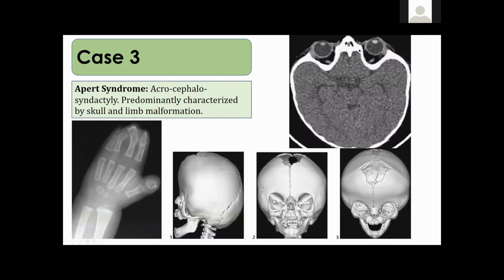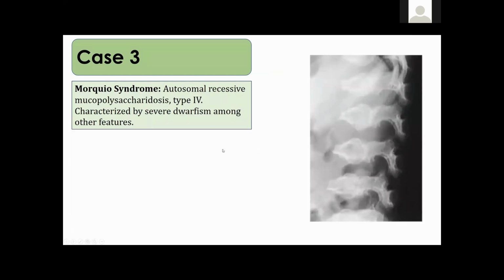Apert syndrome, in which there is craniosynostosis, in which the coronal suture closes early, what's called brachycephaly, associated with syndactyly, which most of the time is complex syndactyly, and also there is abnormal shape of the face. This is Morquio.